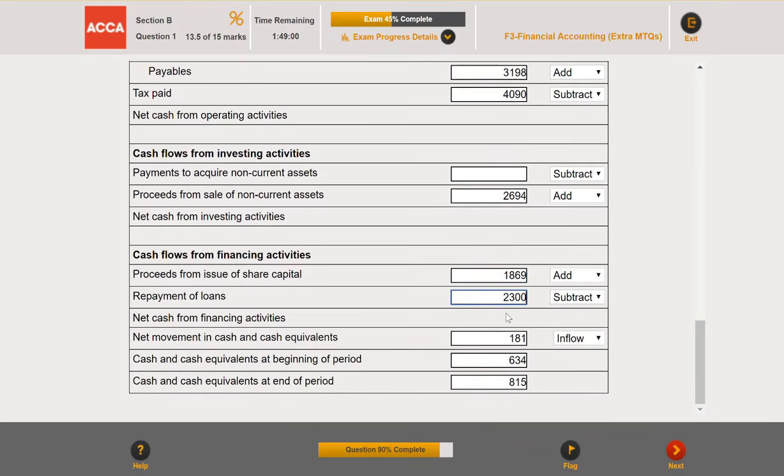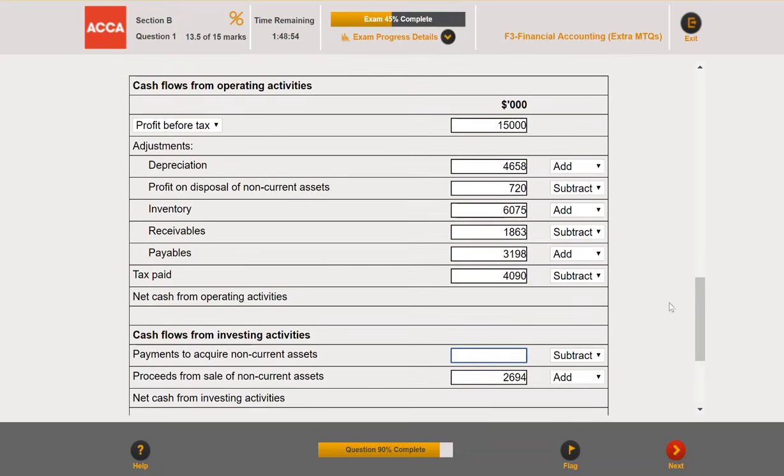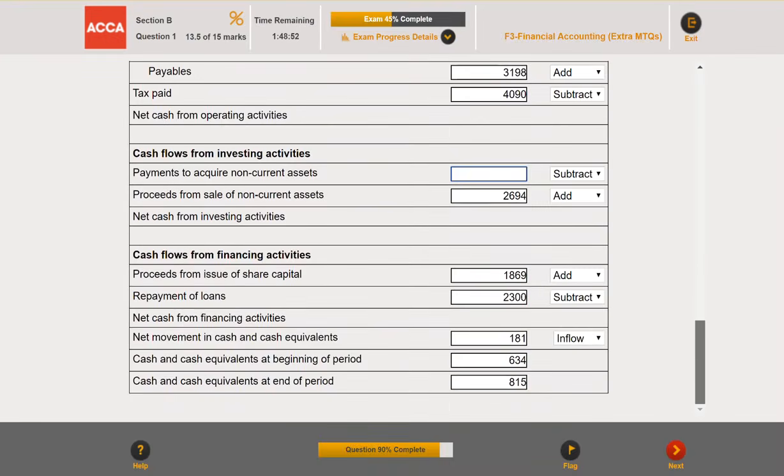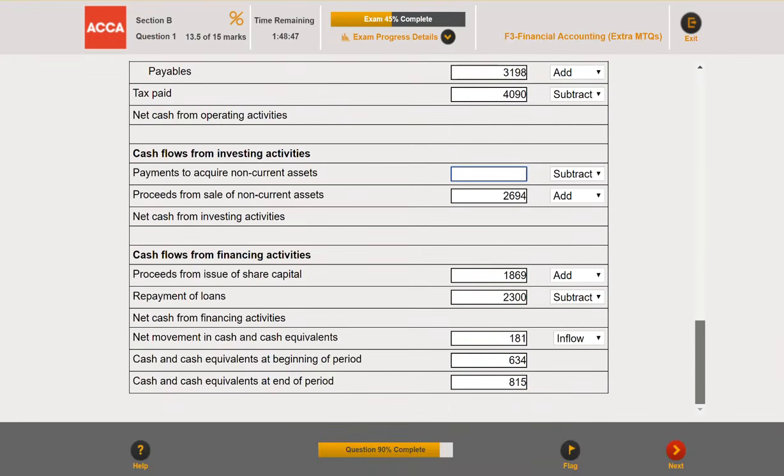So we have already attempted 90% of this exam. So for this extra bit, we have to decide whether it is worth investing the time on it or not. But let's find purchase of non-current asset.